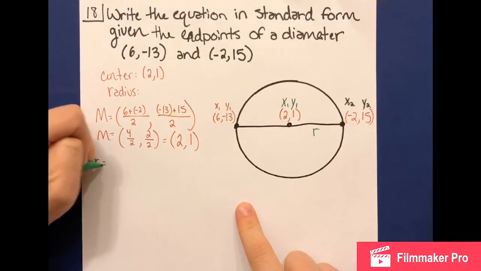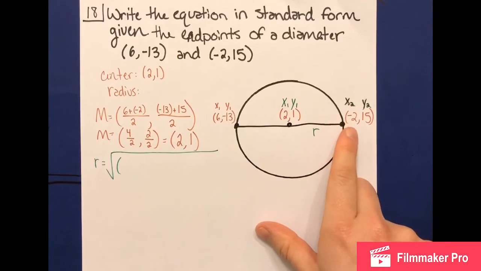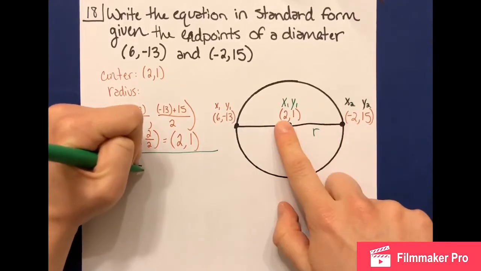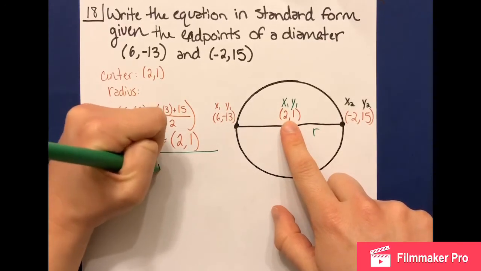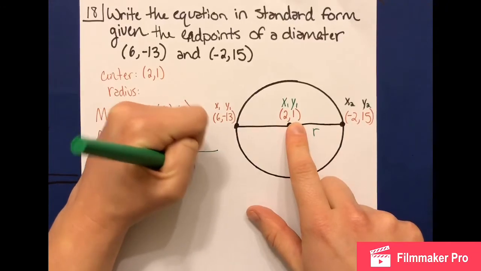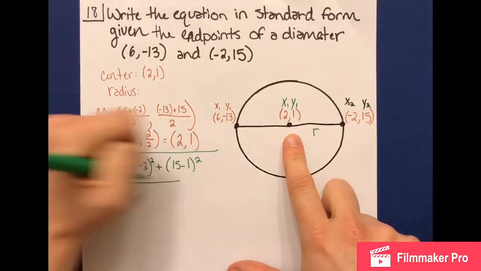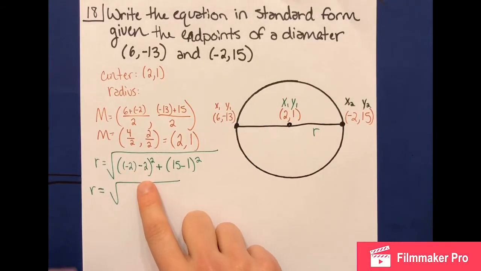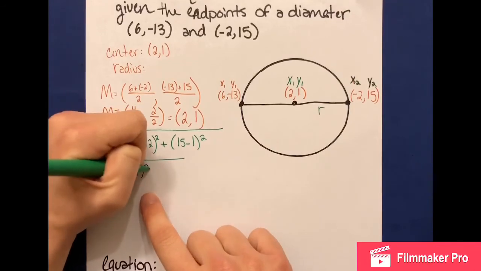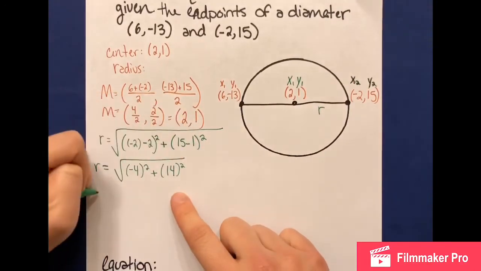So I have radius is equal to the distance formula. So big square root. And then we're going to go x2 minus x1 squared plus y2 minus y1 squared equals, simplify, -2 minus 2 is going to be -4 squared plus, that's going to be 14 squared.